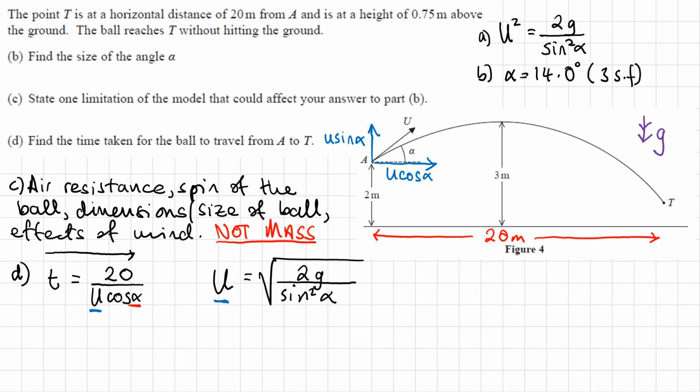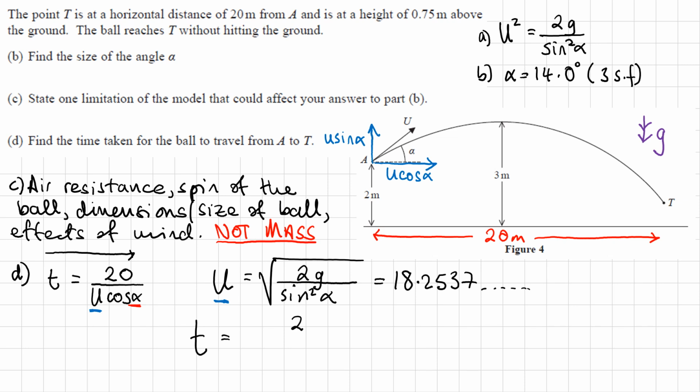I'm going to use my answer button to get the most accurate value for alpha I can, and that gives me 18.2537 and so on. So I'll get all the values that I need.